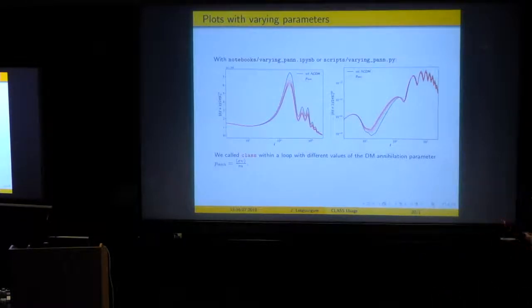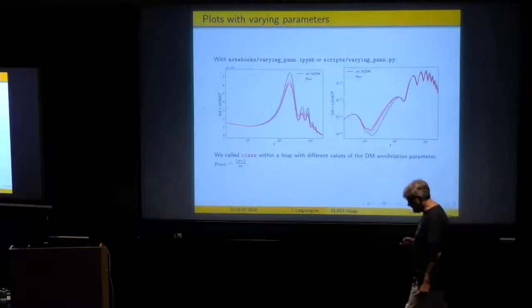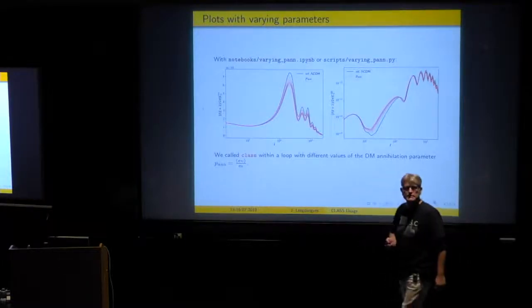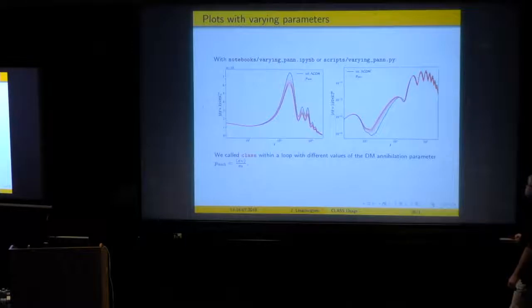This morning, I showed the slides with delta N_eff. Now, this P-ann is a parameter that, for instance, Yacine knows well. It's a parameter describing the annihilation rate of dark matter. And it has effect on the CMB temperature and polarization. So the plot was produced by this generic module that you can easily adapt to other parameters.